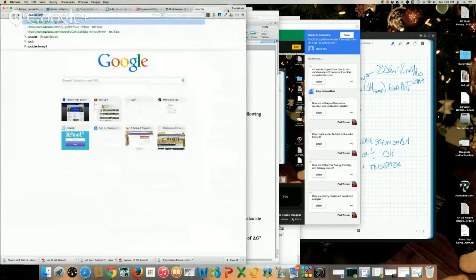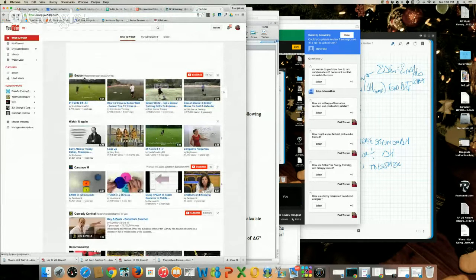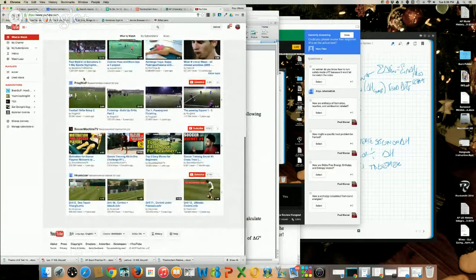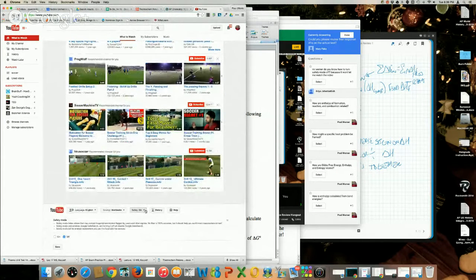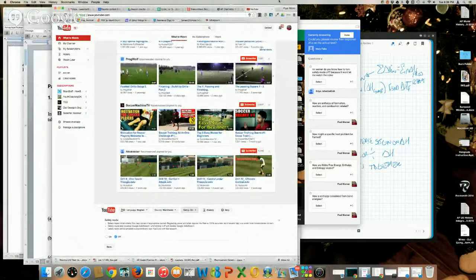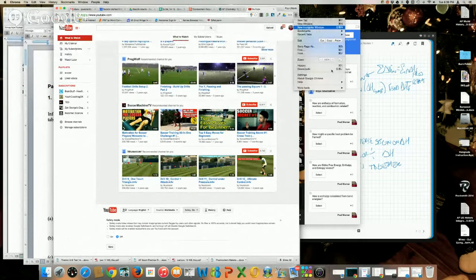If you go into YouTube and go to the very bottom of YouTube down here, this is where you can turn safety mode on or off. I'm hoping you can see that on my screen. So down here at the bottom. I don't know how to make this bigger right now.